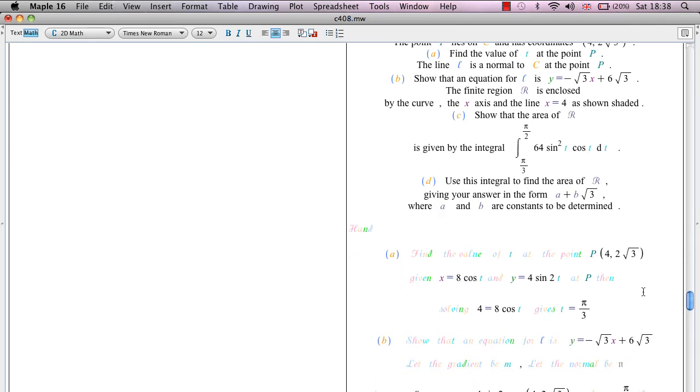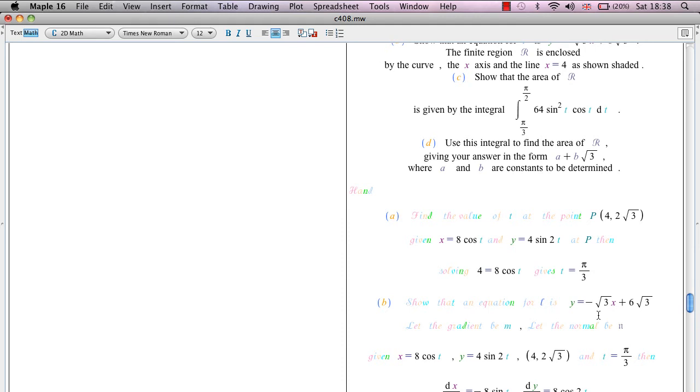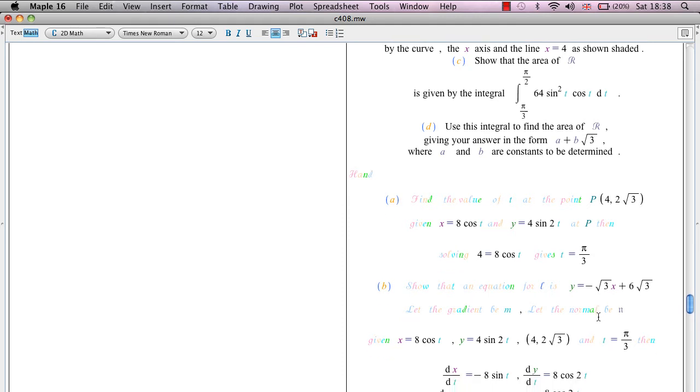So for part A, for the value of t at P, given x equals 4 at P, and solving the parameter for x gives t equals pi over 3.